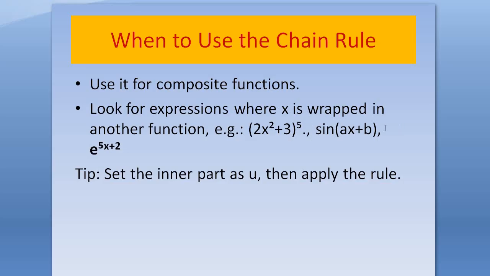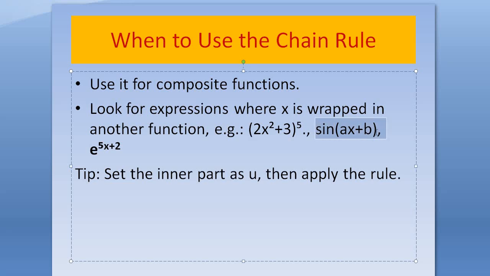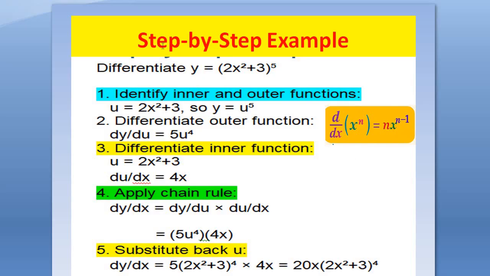Now sine of a function: you know that the derivative of sine is cos, but the angle has a nested x, so it is again a function, so we will differentiate it again. Now the exponential function e to the power f, and this type: set the inner part as u and apply the rule. Now let's go to the example to see how to apply it.